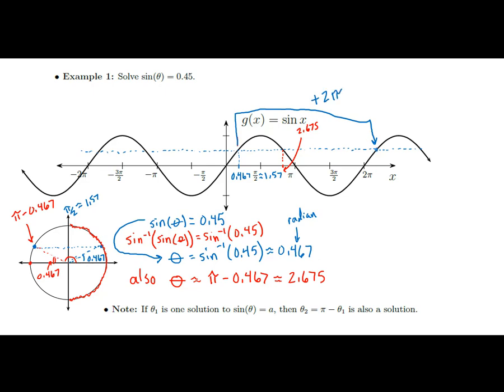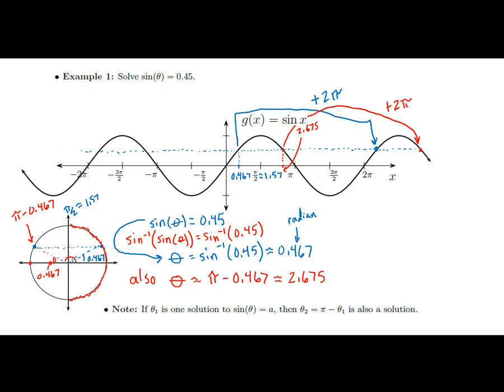And that's going to put me there. And then if I take the second solution that I have right here and I add 2 pi to it, that's going to give me another solution.